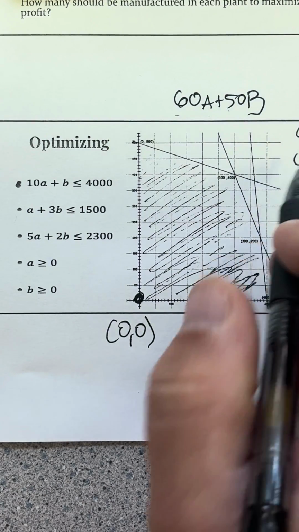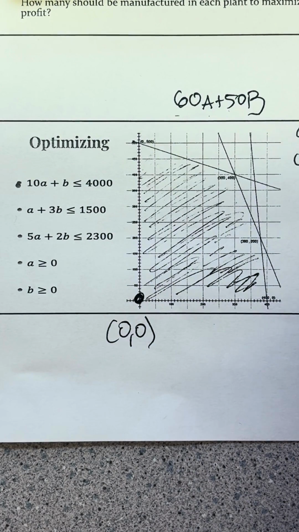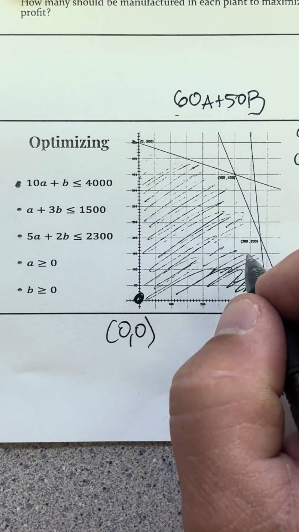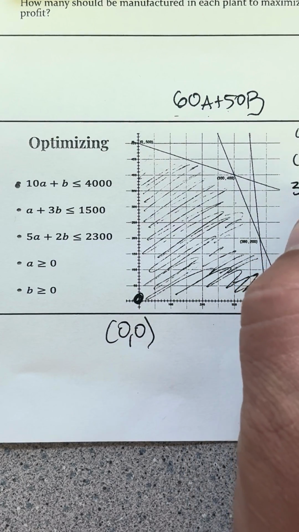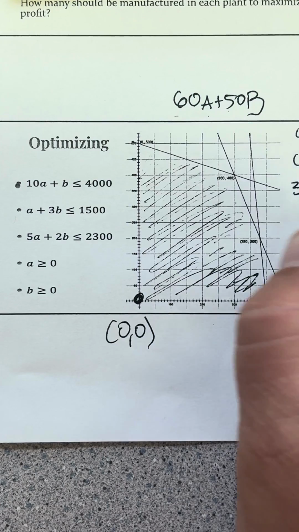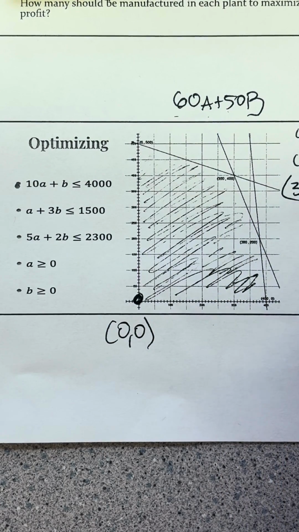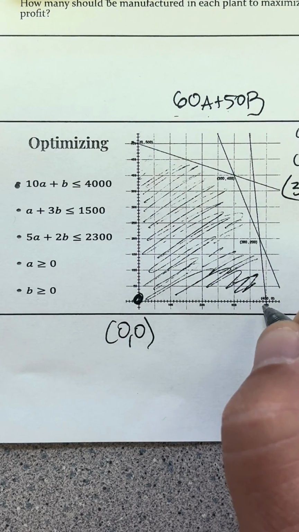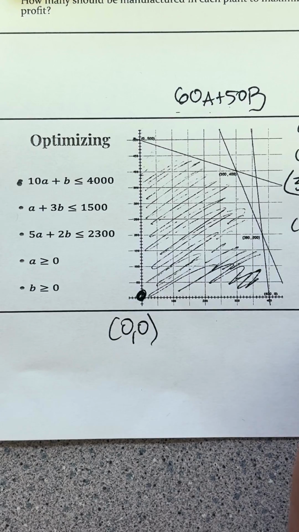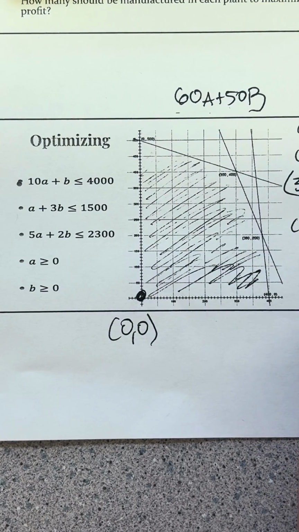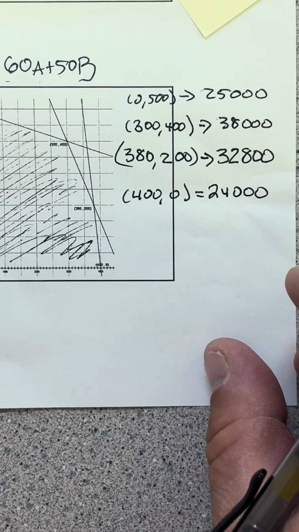When we plug that into our function, that would be 18,000 and 20,000, so 38,000. This one here, we have 380 and 200. We plug in 380 and 200, I believe we end up with 32,800. And our last one, we have 400, 0. And 400 times 60 would be 24,000. Oh, I'm sorry, I had my stuff off the screen.